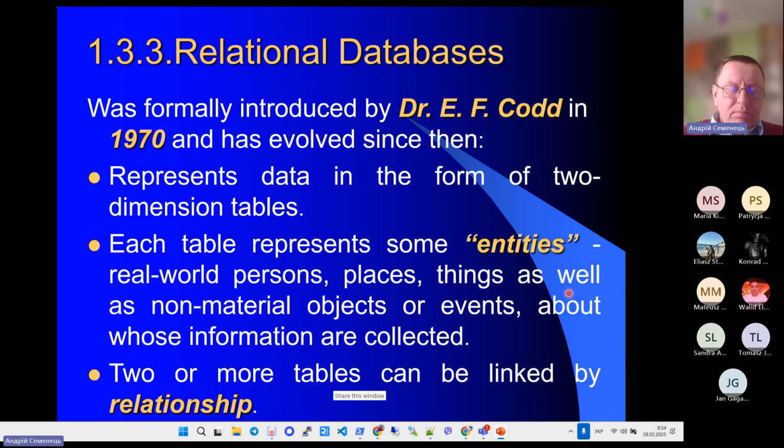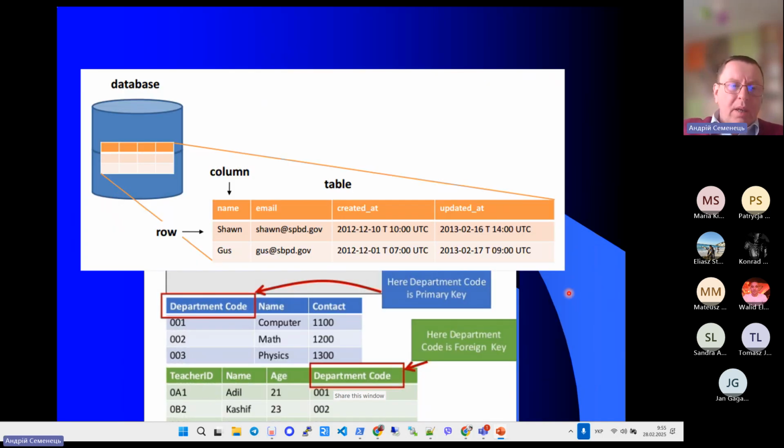And then, because in a real system we have plenty of entities to be implemented and data collected on, we should have many tables. Each one represents a single entity, and those tables can be linked by relationships. An entire table is linked to another, not like in a spreadsheet where we have cell-to-cell references.